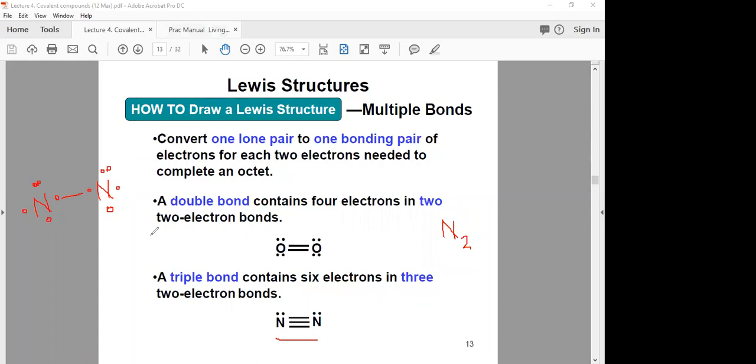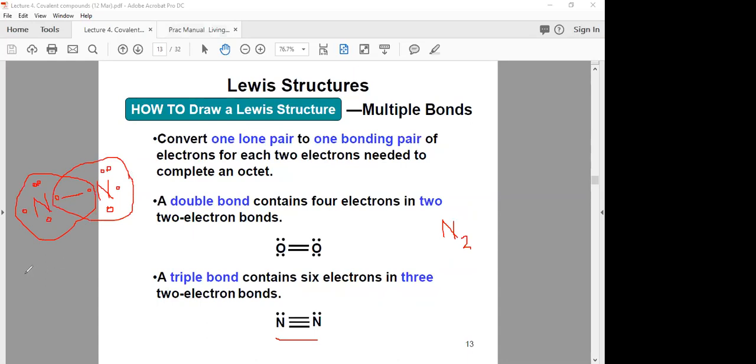How many electrons are surrounding that nitrogen to the left? 2, 3, 4, 5, 6. So the octet rule has not been achieved there, and not for the other nitrogen.